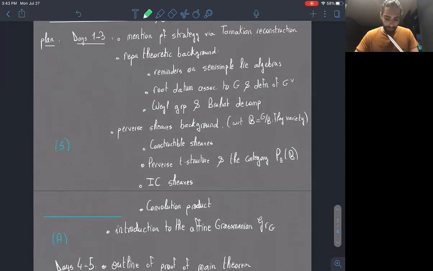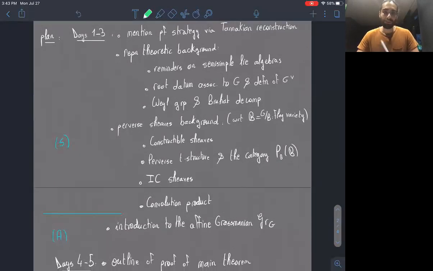In particular, we'll start with constructible sheaves and their derived category. We'll introduce the perverse t-structure and define the category of perverse sheaves on B this way. Then we'll talk about the simple objects in that category, which are called IC sheaves, and give a definition of the convolution product that appears in the equivalence.